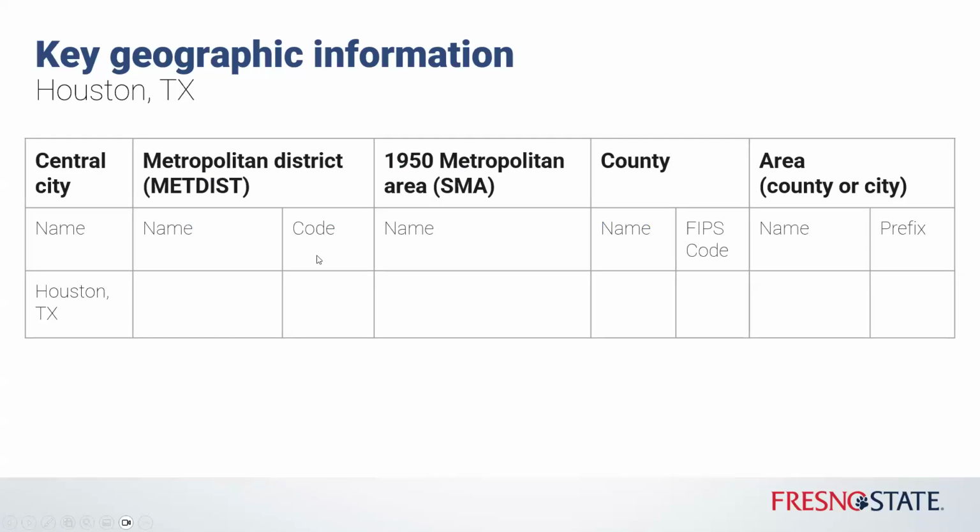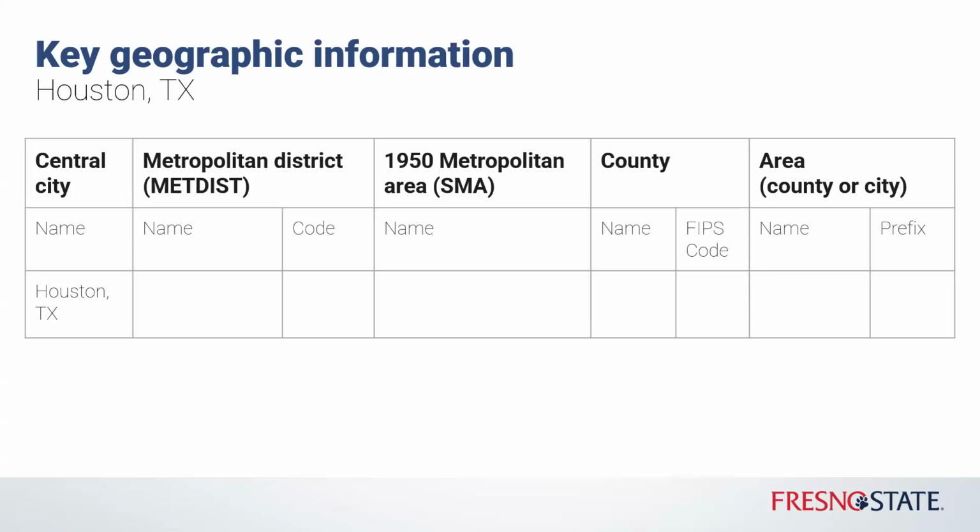Now let's talk a little bit more about those relevant area identifiers that you need, the geographic information you need to get started and make yourself aware of all of the different areas in the metropolitan area. It's a lot of use of the word area.